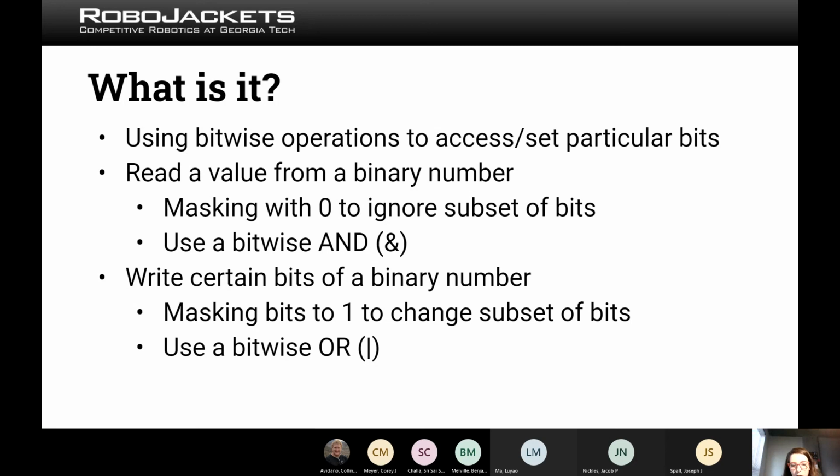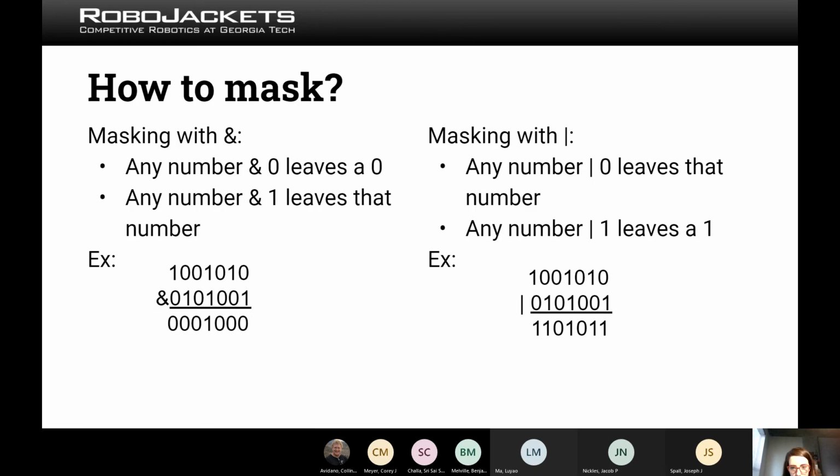To do that, you can use a bitwise OR for writing certain bits to set bits to 1. And then masking with 0, you use a bitwise AND. So here we have examples. When you mask with AND, any number AND 0 will give you 0, and any number AND 1 leaves that number.